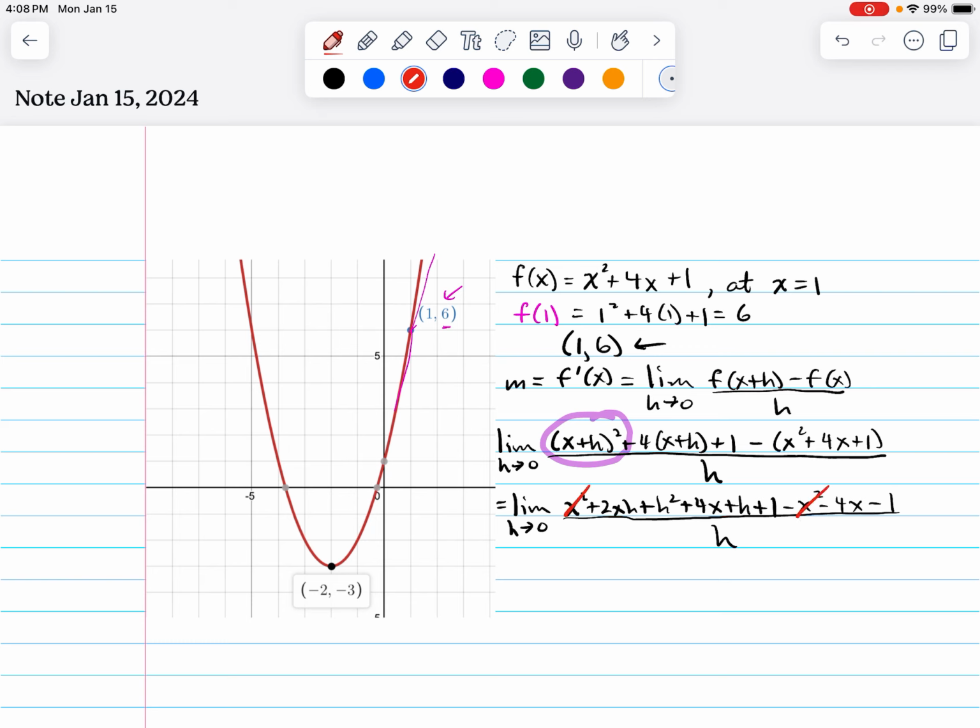The x squareds cancel, the 4x cancels, and the 1's cancel. That's because we subtracted the entirety of the function. Now, once you do that, let's see what you have left. You have the limit as h goes to 0, 2xh plus h squared plus h.